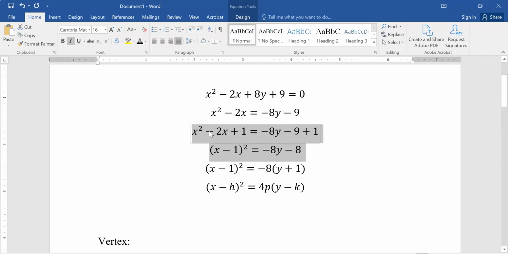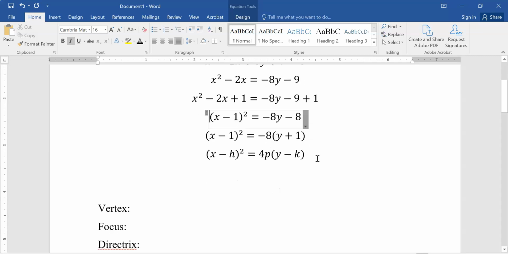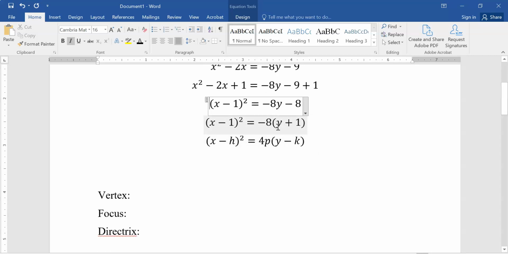So in order to get x squared minus 2x plus 1 on the left, I have to add 1 on both the left and the right-hand side of the equation to keep it balanced. If we do that, we end up with x minus 1 squared equals negative 8y minus 8. Factor out a negative 8, so you're left with x minus 1 squared equals negative 8 times y plus 1.